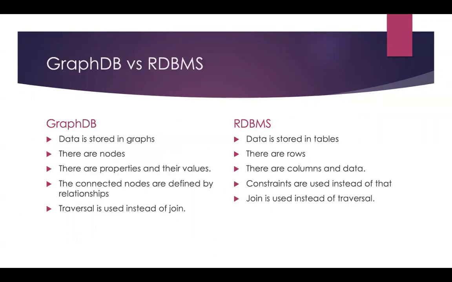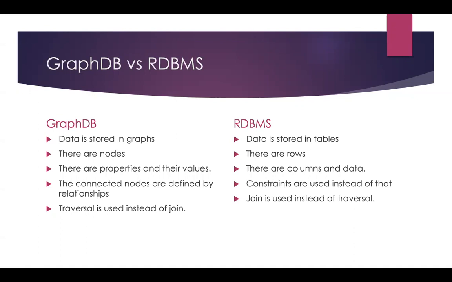Now this is the brief comparison. What is the difference? Graph database is obviously stored as a graph; in RDBMS, it's stored in tables. In graph, there are nodes; in RDBMS, there are rows. In graph, we have key value; in RDBMS, we have columns and data.